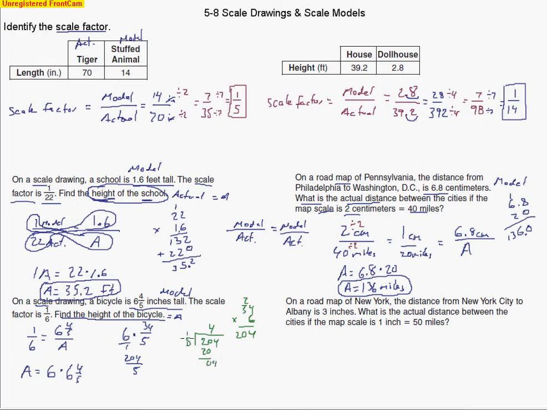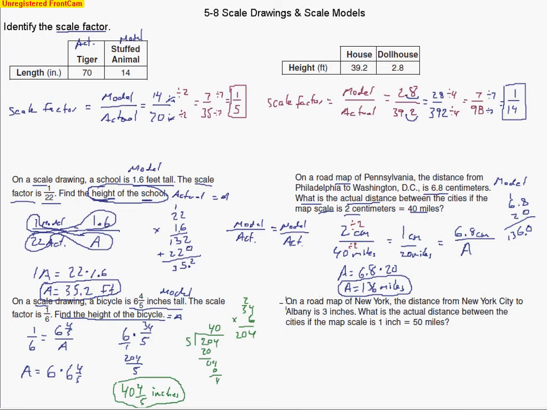And so 5 doesn't go into 4, so I'll have to add a 0. And I get a remainder of 4. So that makes 40 and 4/5. And this height is in inches. Since they didn't give me different dimensions for the actual, I'll go with the same units as the model.